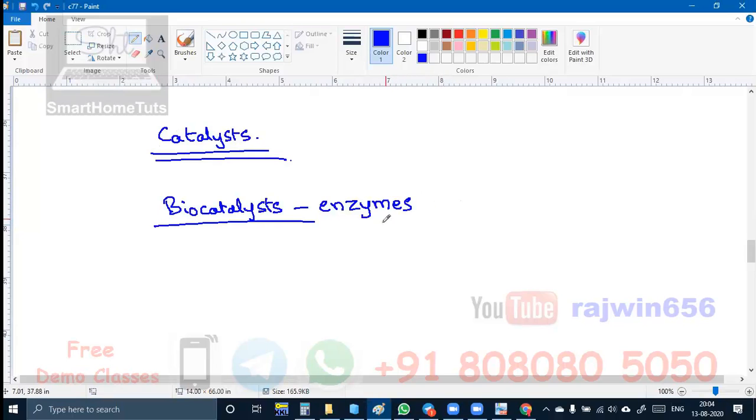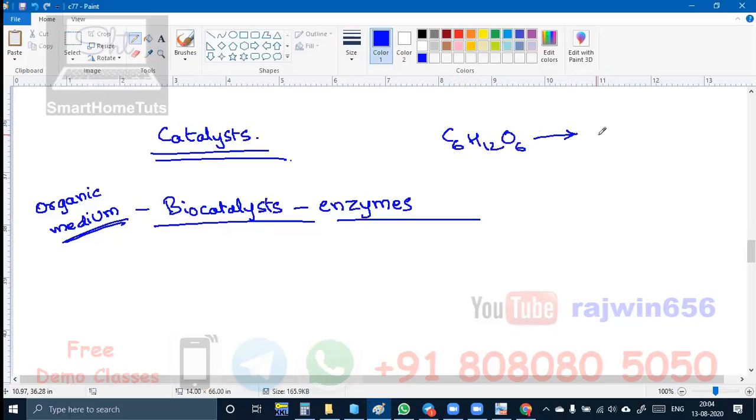Usually these reactions are going to take place in the organic medium, because organic reactions are usually very slow. And this reaction in which a biocatalyst is used, for example, glucose to ethanol plus carbon dioxide, is a very slow reaction.